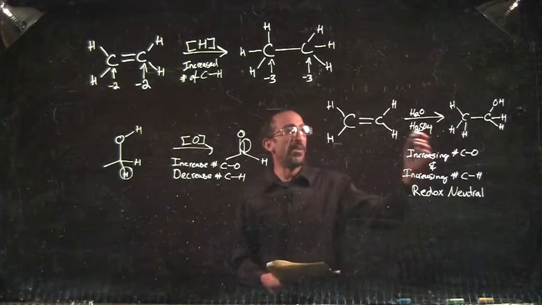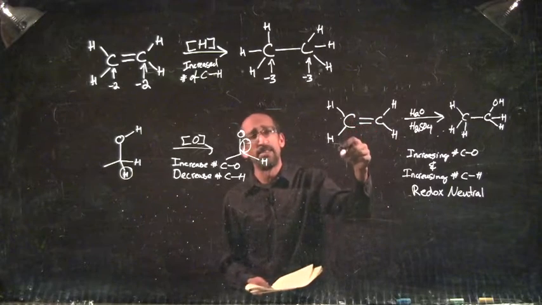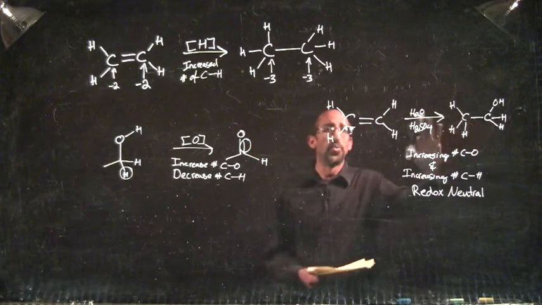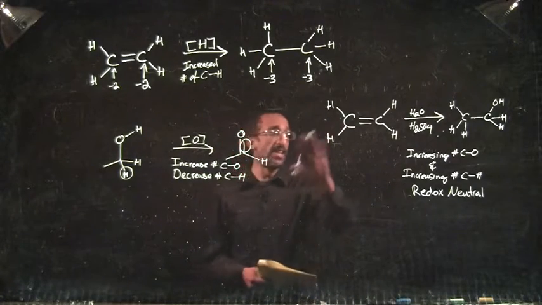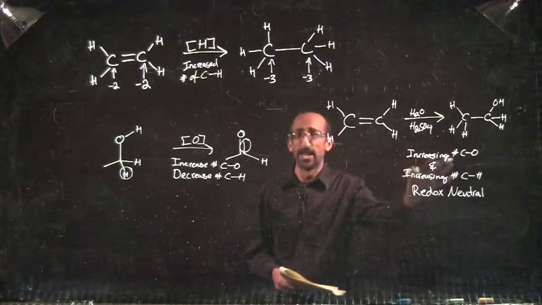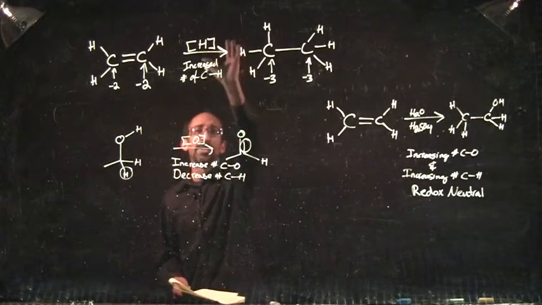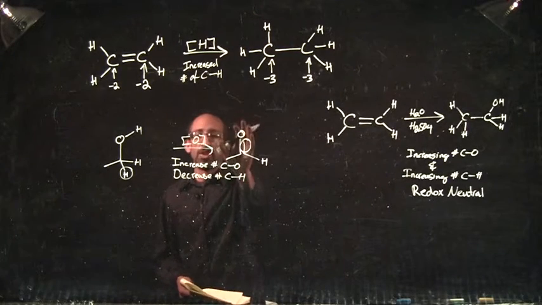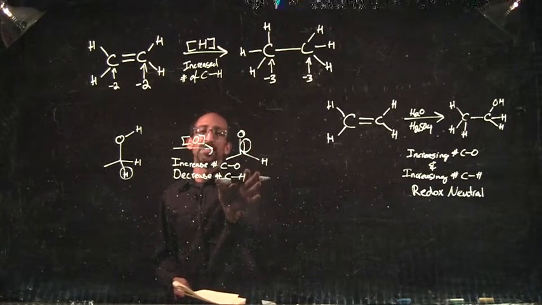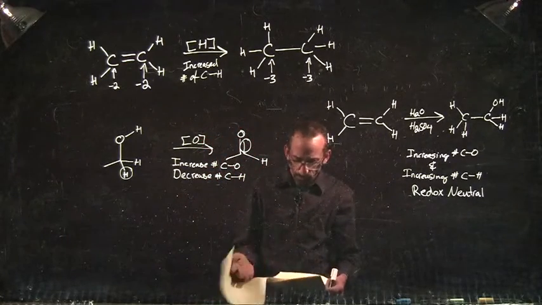Because one carbon atom is going to lose an electron, the other carbon atom is gaining the same number of electrons, so this is overall redox neutral for the molecule. We're not going to say that this is a redox process of any kind. Whereas increasing carbon-hydrogen bonds alone, that's reduction. Increasing carbon-oxygen bonds, either alone or simultaneously decreasing carbon-hydrogen bonds, that's going to be an oxidation.